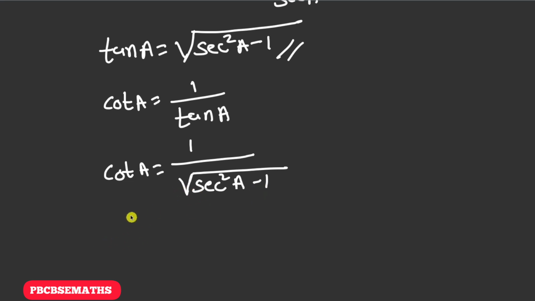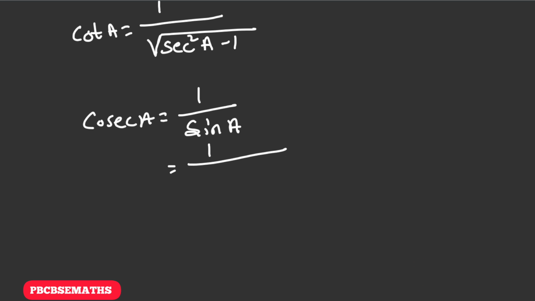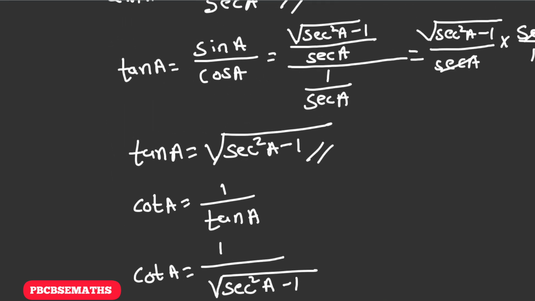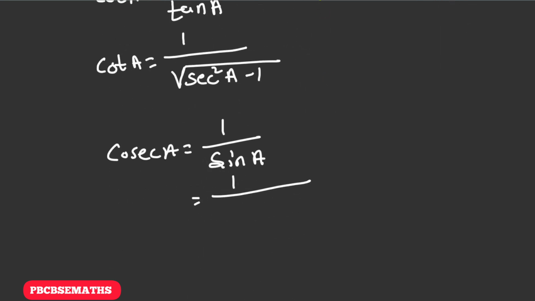At last we have left cosec A. Let's represent cosec A in terms of secant A. We know that cosec A is the reciprocal of sin A. So cosec A is equal to 1 divided by the value of sin A, which we just found, square root of secant square A minus 1 whole divided by secant A. Let's substitute the value of sin A here.